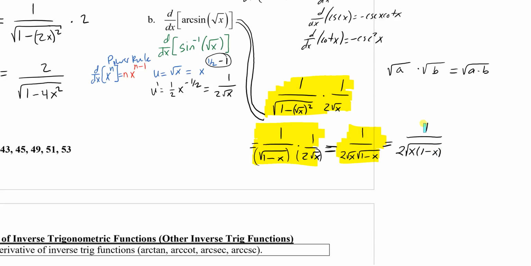And I'm gonna stop right there, because I think that maybe that would be an answer choice on the multiple choice portion of the exam. Now, you could distribute the bottom and you get the same answer. They're all the same answers really, but I'm gonna stop right here, and that's probably the final rewrite that you would expect to see in an AP test.